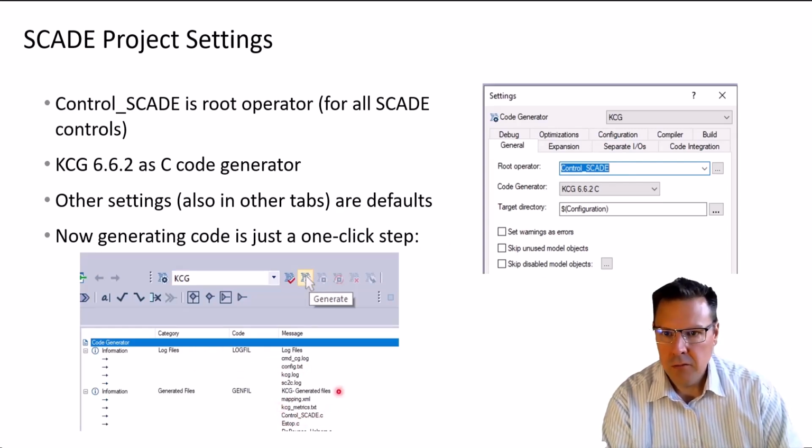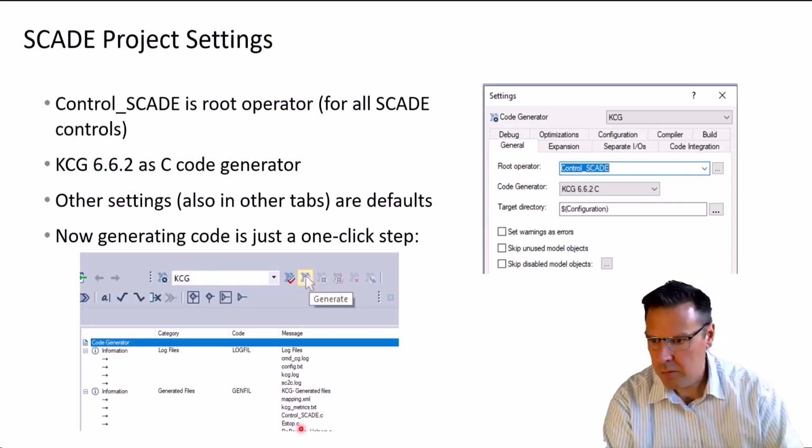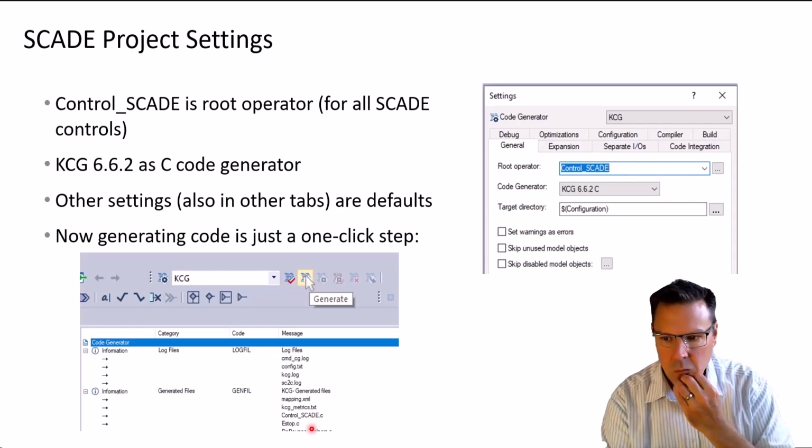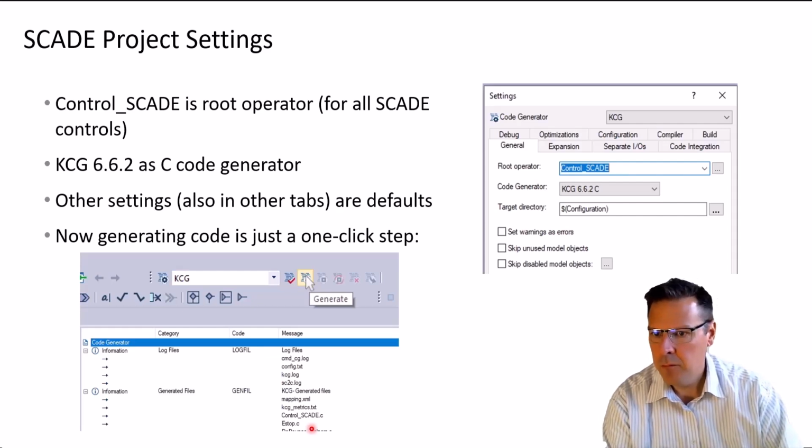For instance, of course, this root operator C file, which is here this control SCADE.c, but also all the list of files you have seen as well. For instance, the emergency stop.c functionality, and so on and so forth. It's a list of, I don't know, 30 or 40 files, including the header files. And that's what's listed in the Microchip IDE in the end.